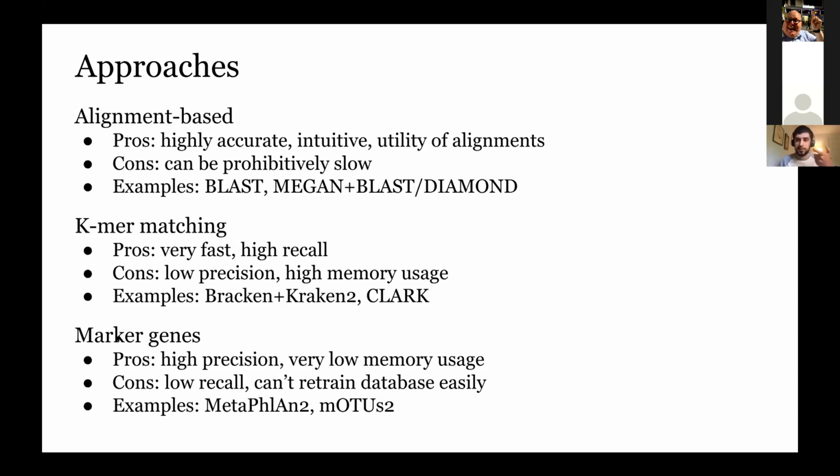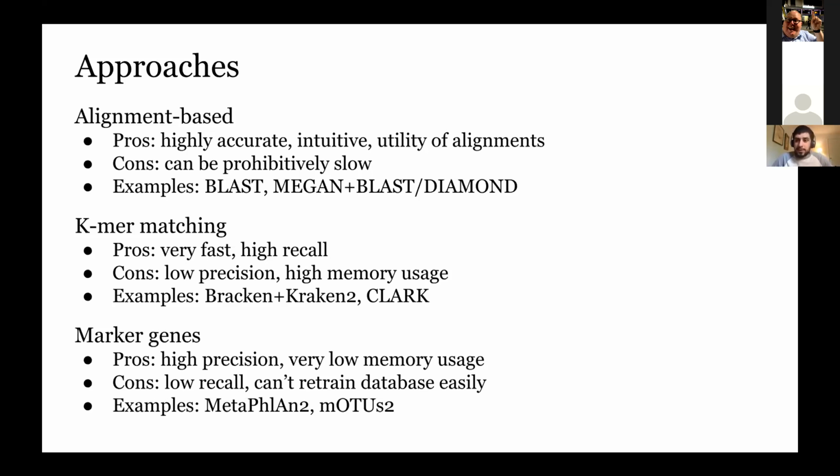Another type of approach is to only use marker genes. Marker genes are specific genes that help you differentiate between different organisms. A couple of examples are MetaPhlAn2 and mOTUs2. They tend to be high in precision and have very low memory usage. They're faster than plain alignment, because usually you're aligning only to specific marker genes.